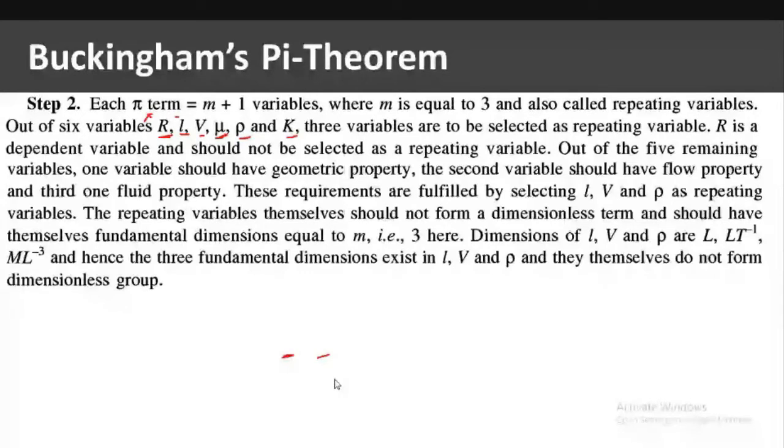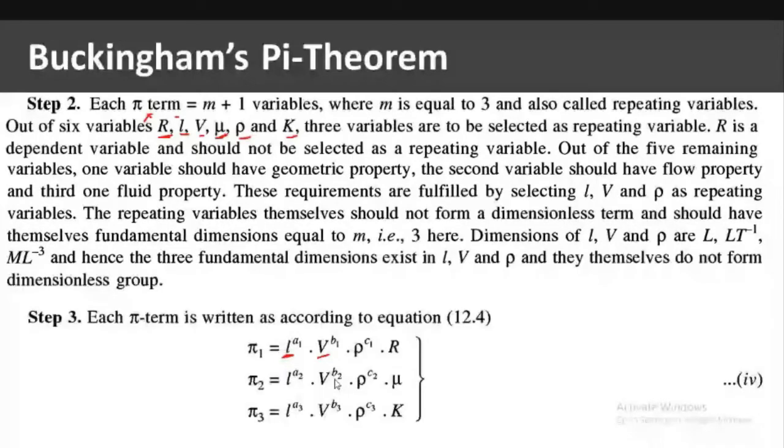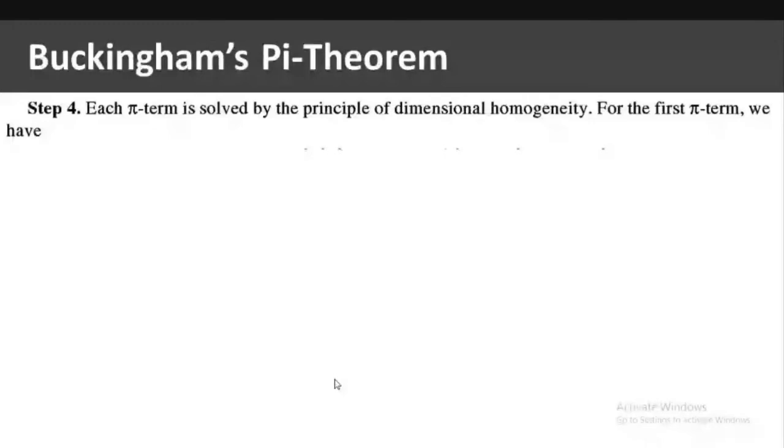So we selected L, V, and rho. Pi 1 is L to the power A1, V to the power B1, rho to the power C1 into R. Pi 2 is L to the power A2, V to the power B2, rho to the power C2 into mu. And pi 3 is L to the power A3, V to the power B3, rho to the power C3 into K. Okay? Then step 4.